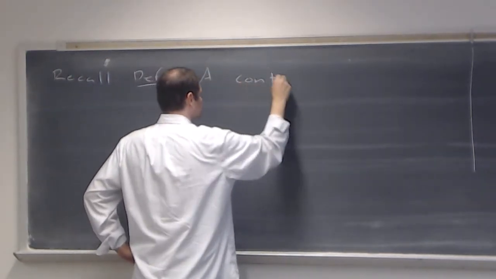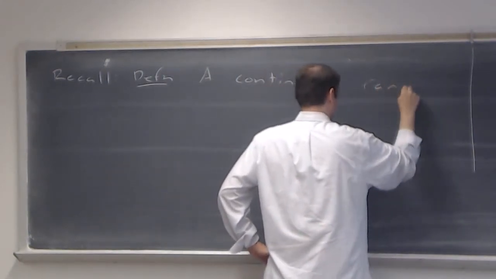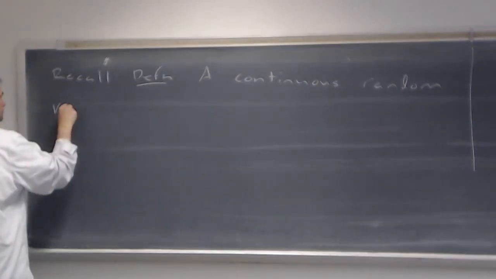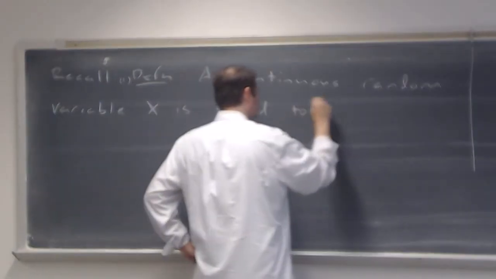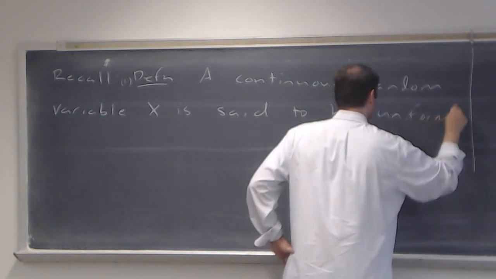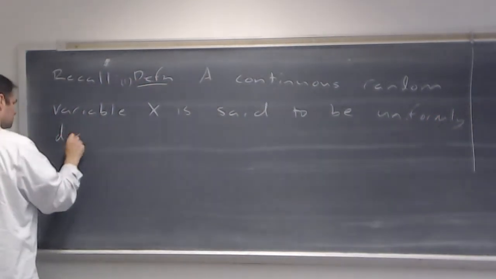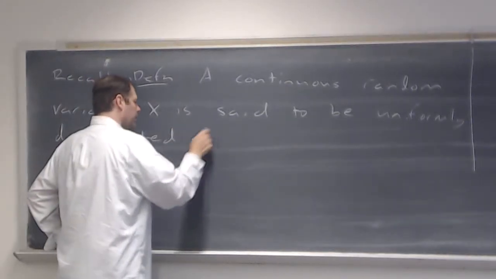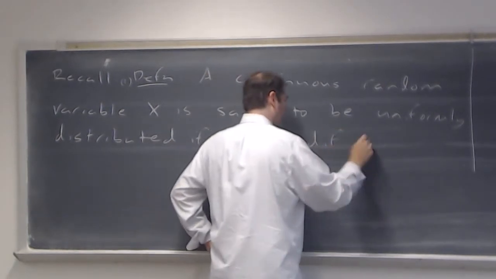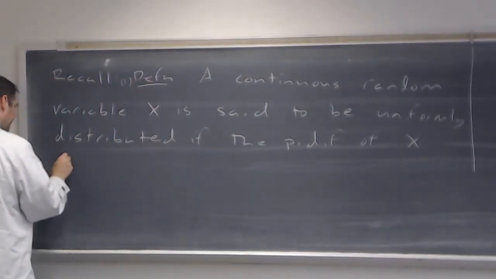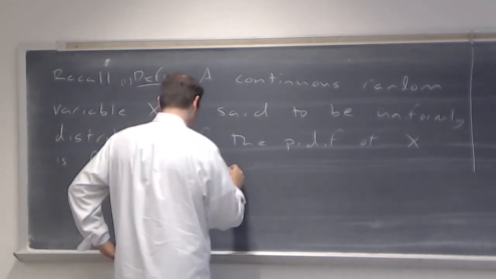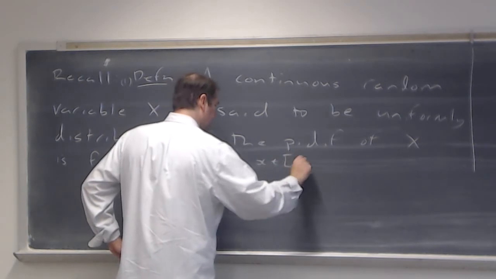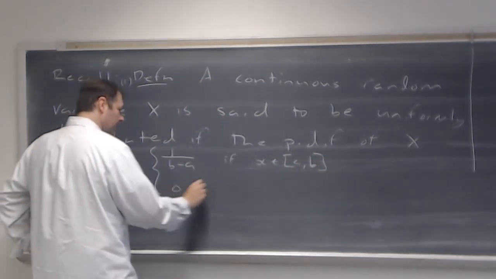A continuous random variable X is said to be uniformly distributed if the PDF of X is f of x equal to 1 over b minus a if x is an element from a to b, and it's equal to 0 otherwise.